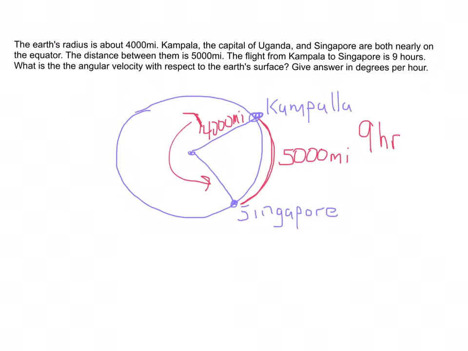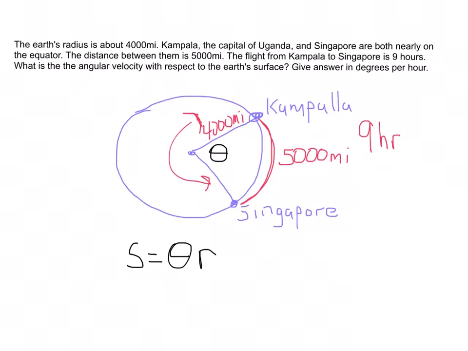So the first thing we want to recognize is we want to keep everything in radians, because when we keep everything in radians, we can use the formula S equals theta R. And so we want to get this theta here, which is the amount of radians that it moves with respect to the Earth's surface here.